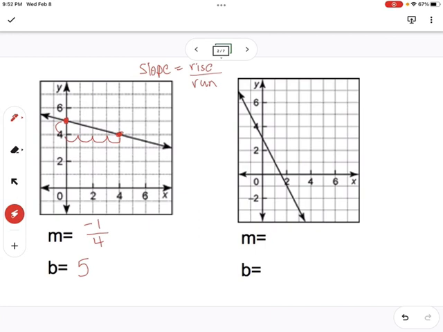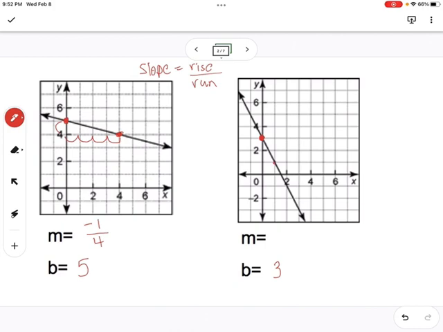Second example, first we want to look for our y-intercept. So it's crossing right here. It's between the 2 and the 4, so that's at 3. Our b is equal to 3. Now again, we want to look for another nice point on the line where it's crossing both of our grid lines.